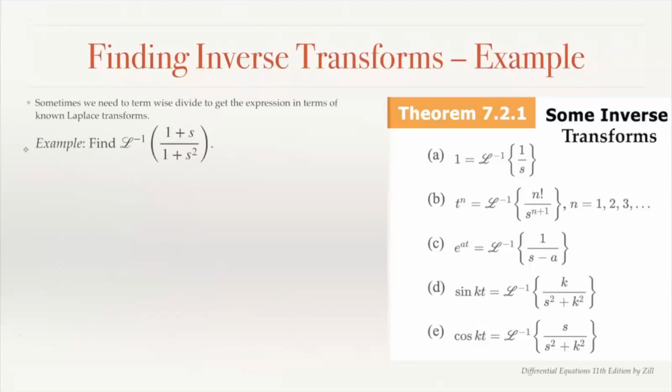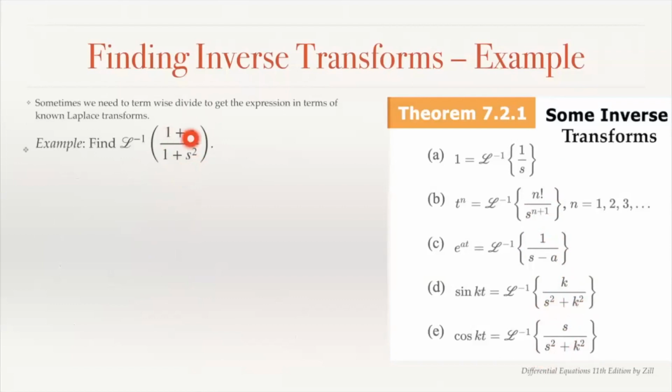Now, sometimes we'll be given more complicated expressions, and we need to break it up into 2 simpler expressions, each of which looks like one of our known Laplace transforms. So 1 plus s over 1 plus s squared. Down here, we have a 1 plus s squared that looks something like the denominators of the Laplaces of sine and cosine.